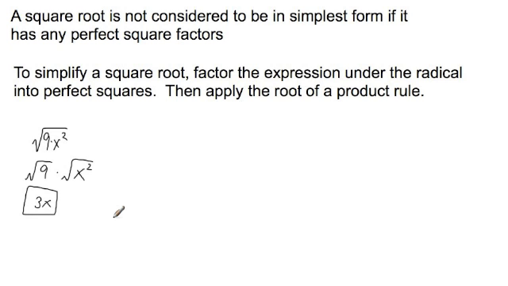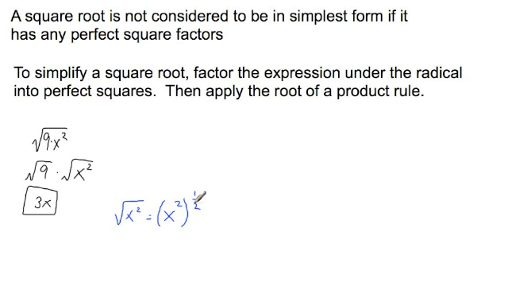The square root of x squared is the same as the square root of x squared, and the square root tells you to raise the expression that's inside the radical to the 1/2 power. So this is the same as x squared to the 1/2 power. Here I'm raising a power to a power.